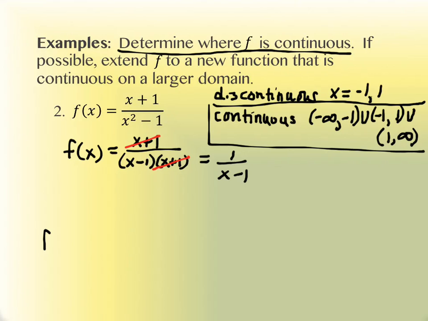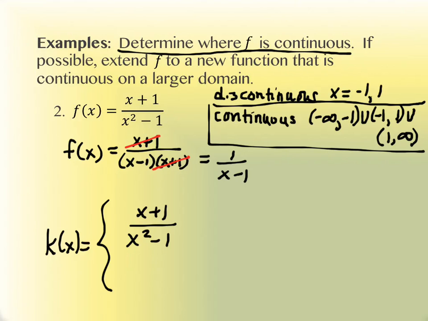So we'll call our new function k of x for fun. We write in the first function that we were given, x plus 1 over x squared minus 1, and we identify that we're not allowed to use that function to plug in the number negative 1 or the number positive 1, right?